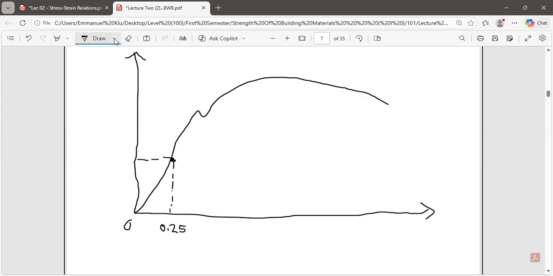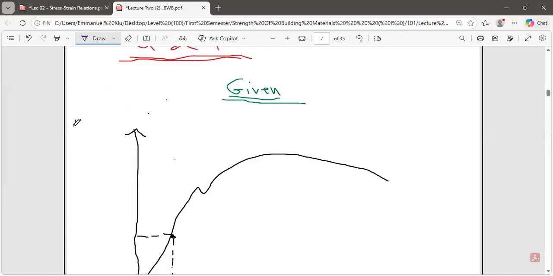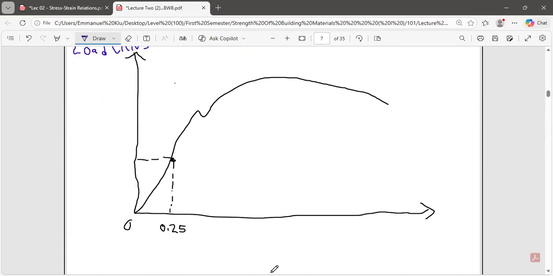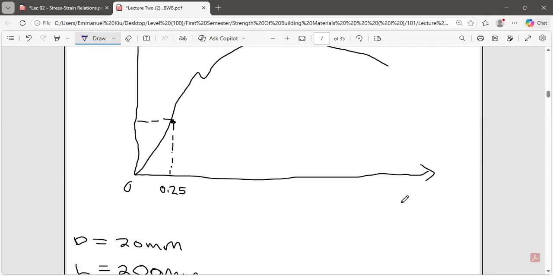This is our load. I write kilonewton in brackets. If you don't see me writing kilonewton again, it's because I've already written it over here. Let me put the extension over here.